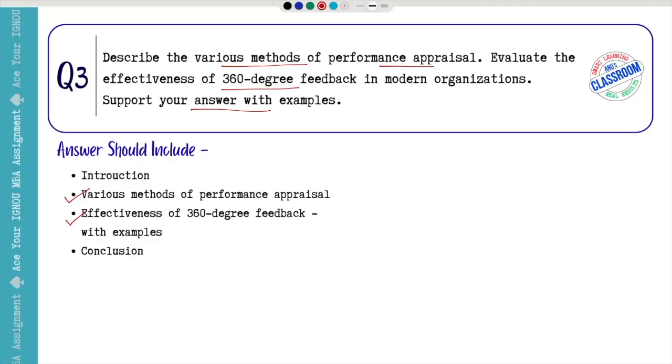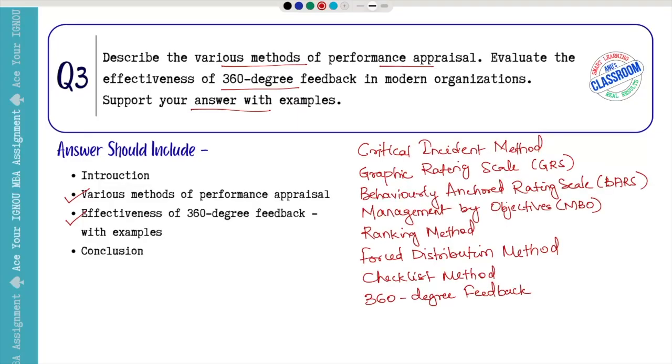But if not, don't worry, I have that listed on the screen right now. We have the critical incident method, the graphic rating scale method, the behaviorally anchored rating scale method, management by objectives method, ranking method, forced distribution method, checklist method, and the star of the show, 360-degree feedback.